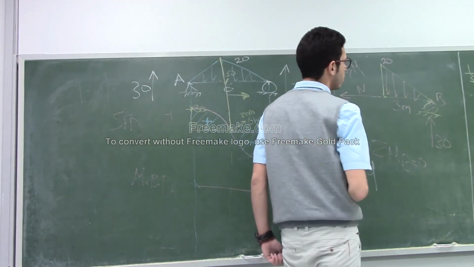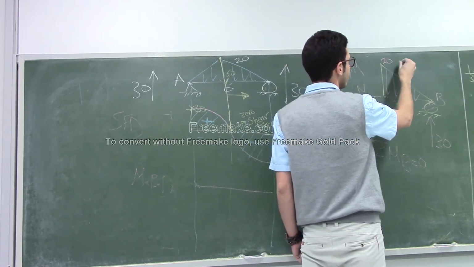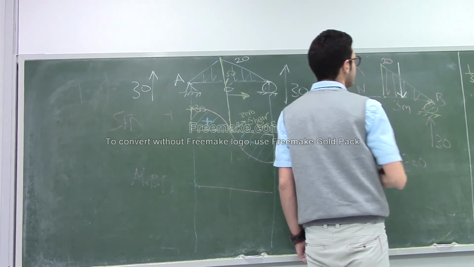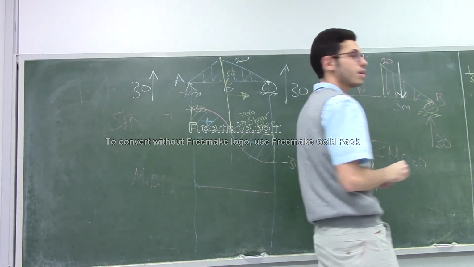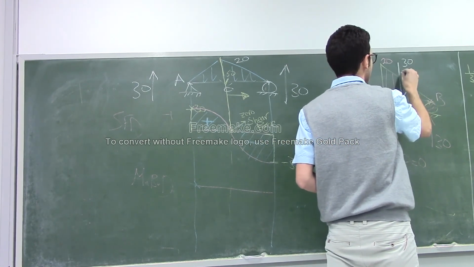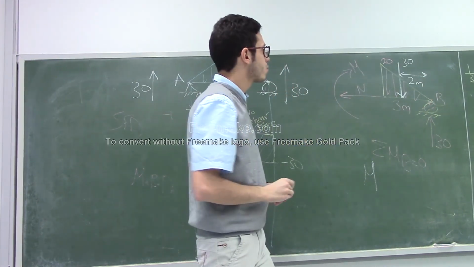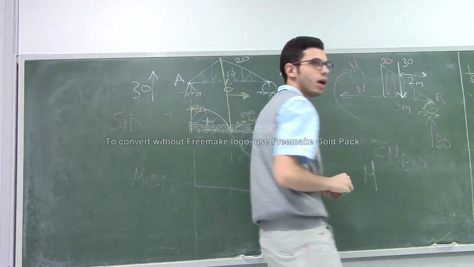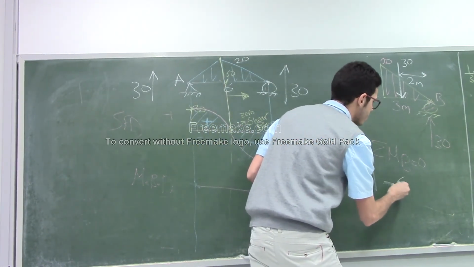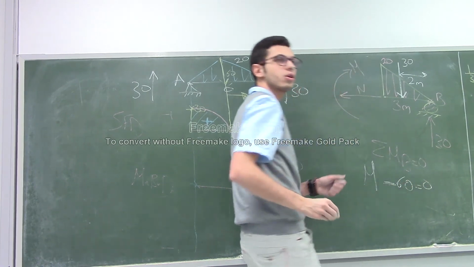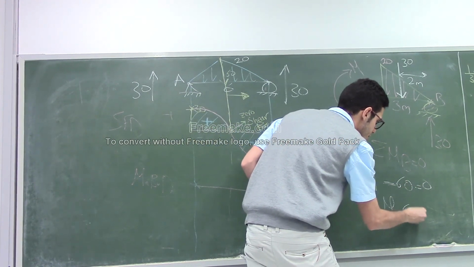And this one is 20 multiplied by 3 multiplied by half. 20 multiplied by 3 is 60, multiplied by half is 30. And the distance from here to here is 2 meters, right? So 30 multiplied by 2, and it's counterclockwise, so it's minus 60 equal to 0. Okay? So M is equal to 60.